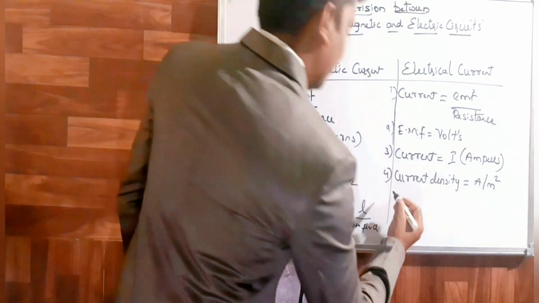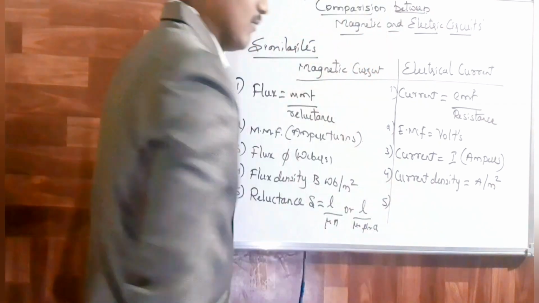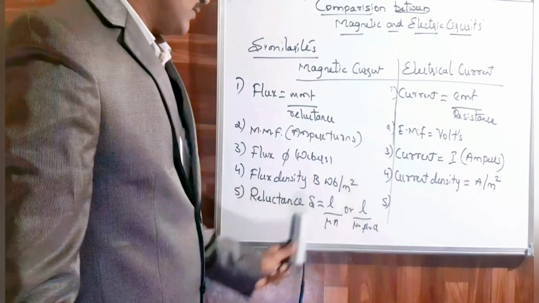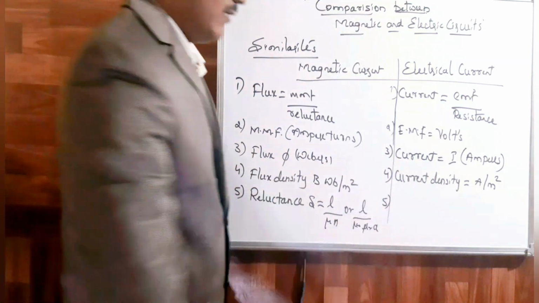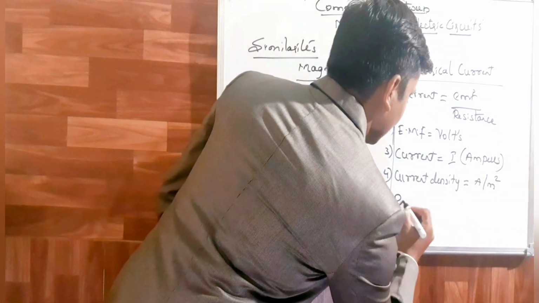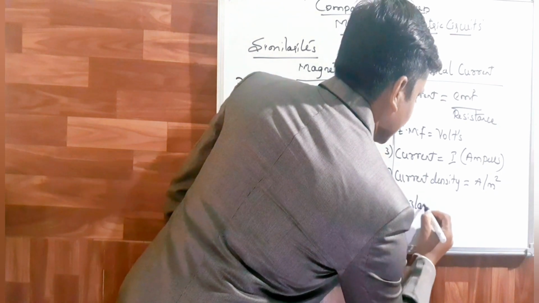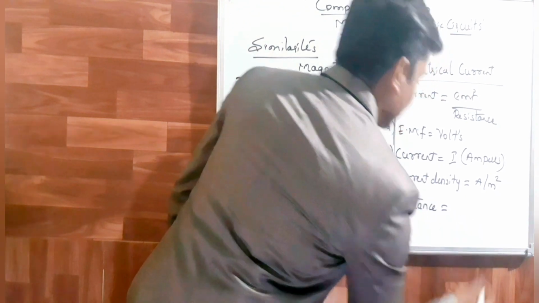And here in the electric circuits part, we have resistance, which is very much analogous to reluctance in magnetic circuits.